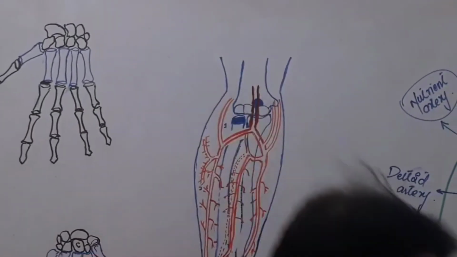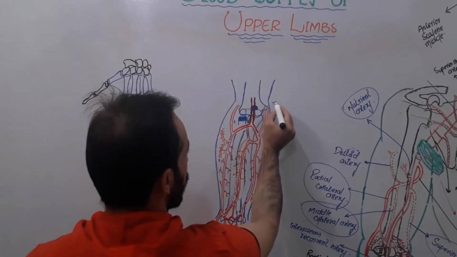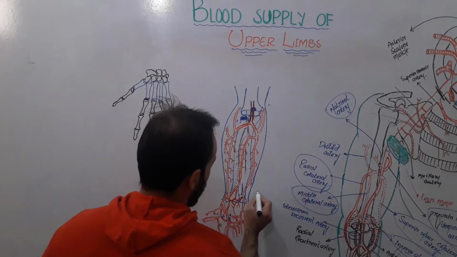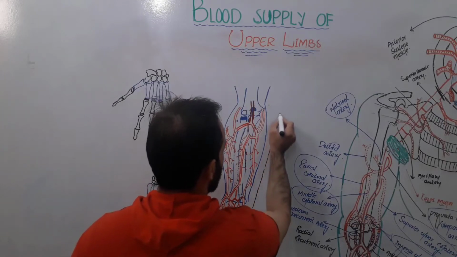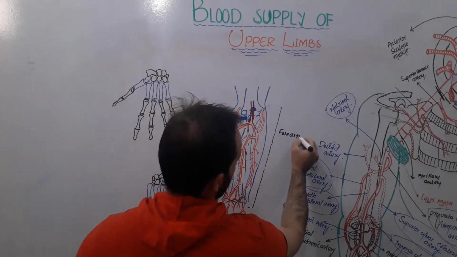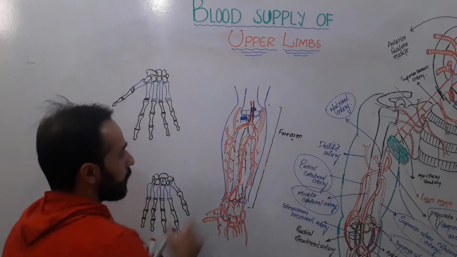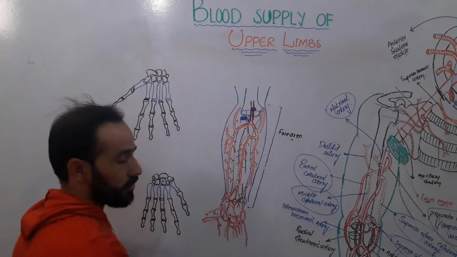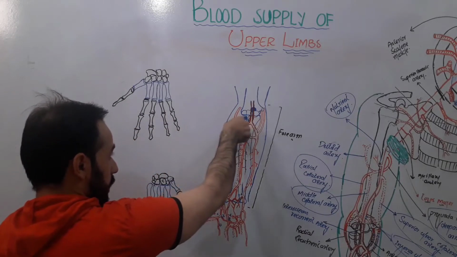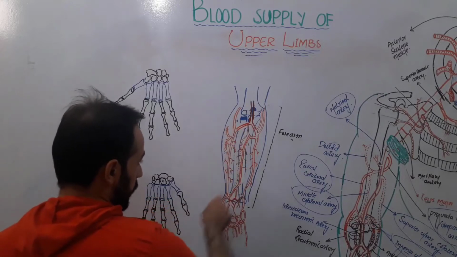This area from the elbow joint up to the carpo-radio-ulnar joint is our forearm, right? So in this lecture we are discussing the blood supply of the forearm, and let's start with the branches of the radial artery.